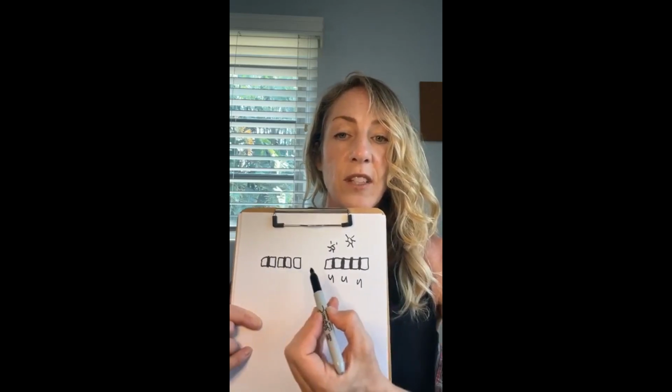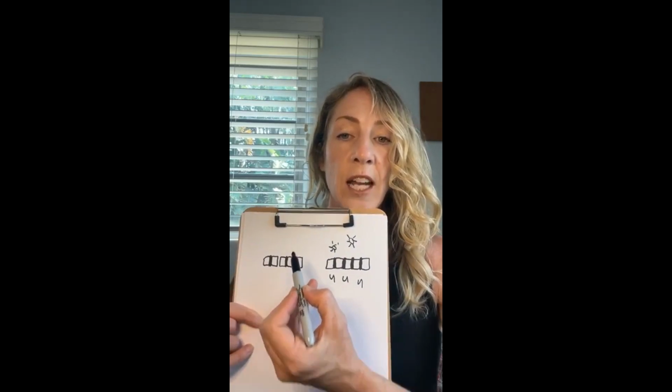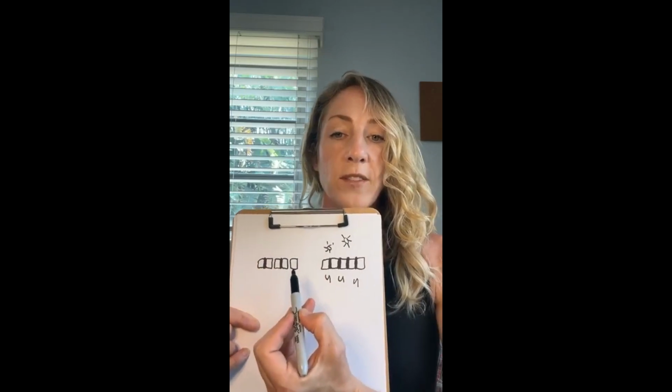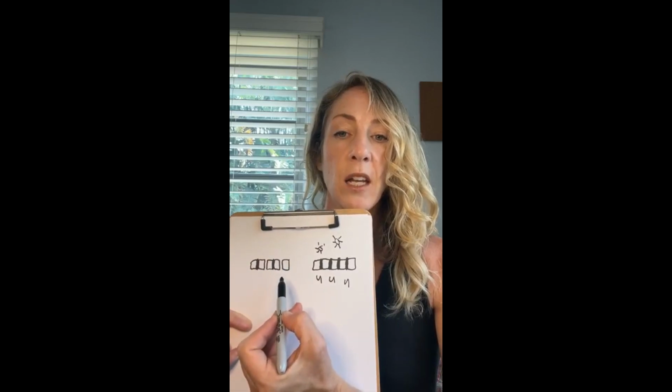You have fewer proteins keeping the cells together, so you have less integrity in the gut lining, and what this causes is that germs can start to make their way into the body, and this causes inflammation.